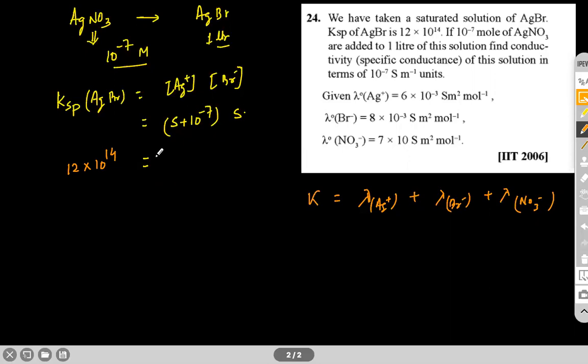And when you solve this, solubility will be very less because of the concentration of AgNO3. Presence of Ag plus will decrease the solubility of this.